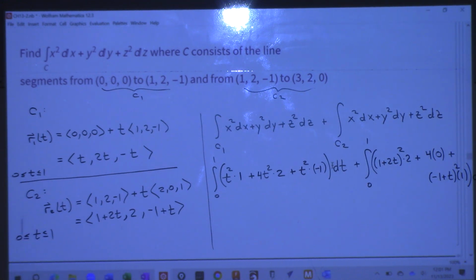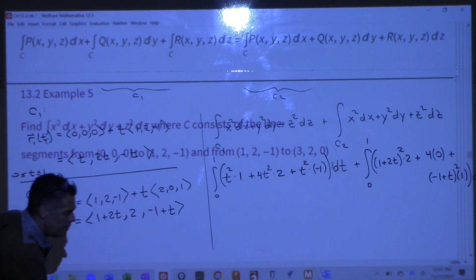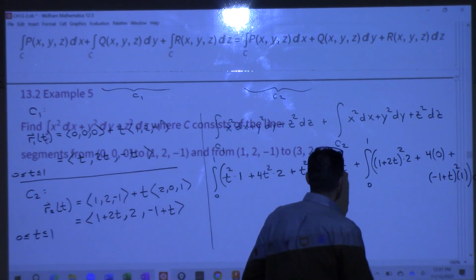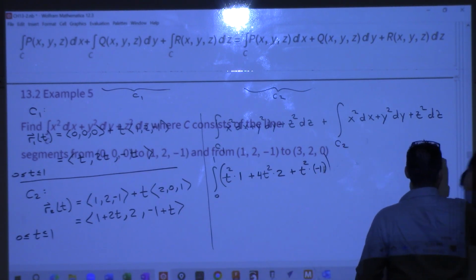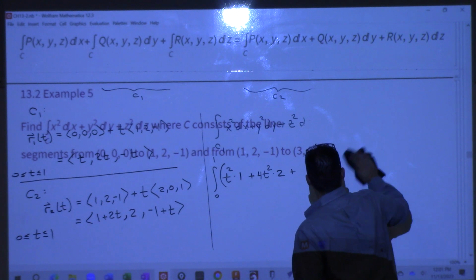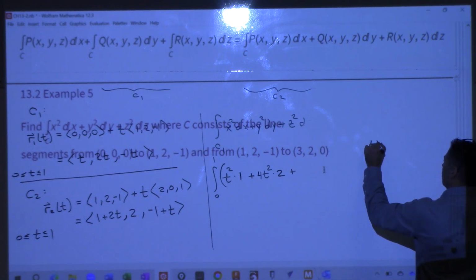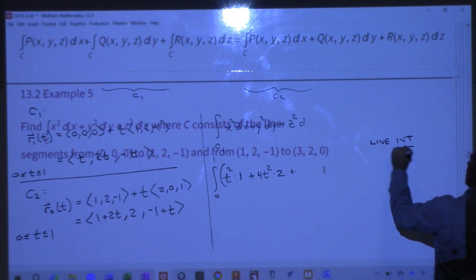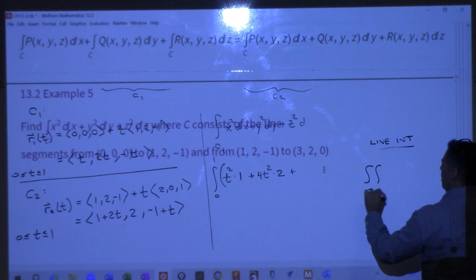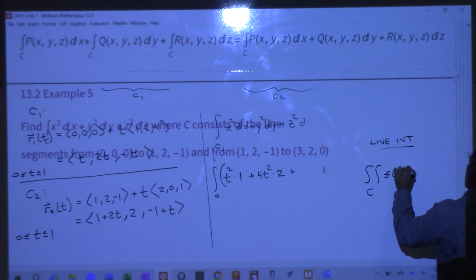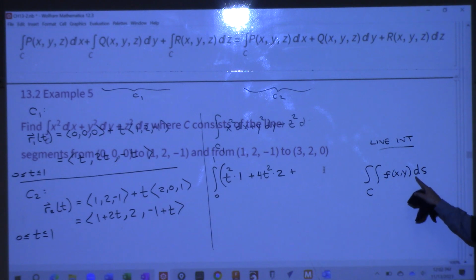That's going to be very different than what we're about to do. So I just want to make sure you all understand. In all the line integrals we've looked at so far, the first one we had was this. And then we could do it with respect to x or just with respect to y.